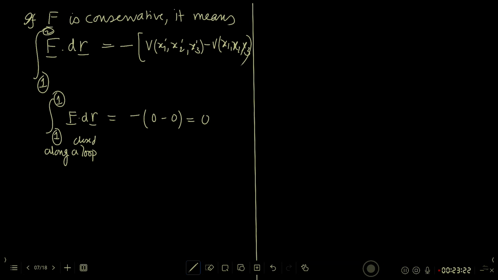Which means that Stokes theorem, if I invoke, according to Stokes theorem, if you try to take line integral of a vector function along a closed loop, you should get this area integral.